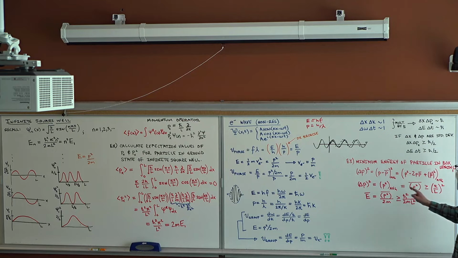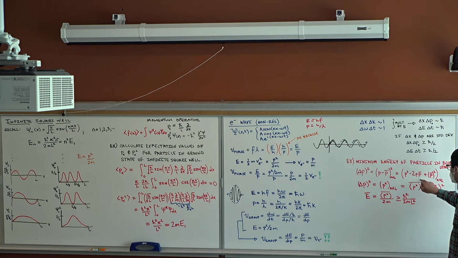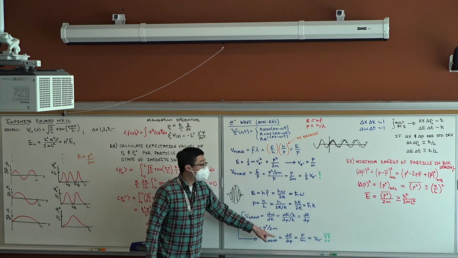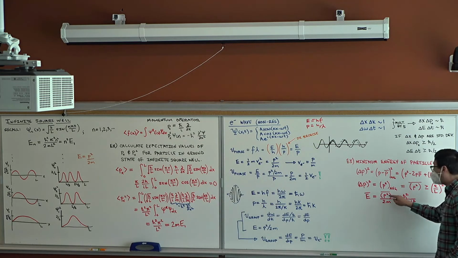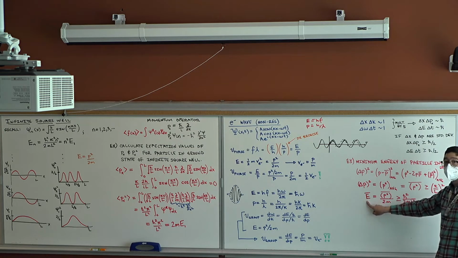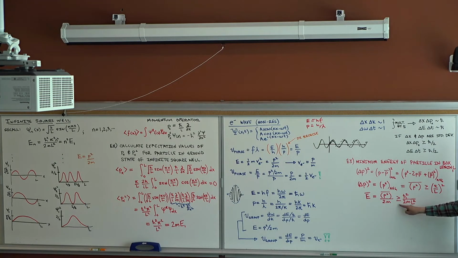And so that tells me that delta p squared, or p squared averaged, has to be greater than h bar over L, quantity squared. But again, coming back to this idea that E goes as p squared over 2m, if I look at the average value of p squared and divide that by 2m, that should be the averaged energy. That tells me that the average energy needs to be greater than or equal to h bar squared over L squared divided by 2m.